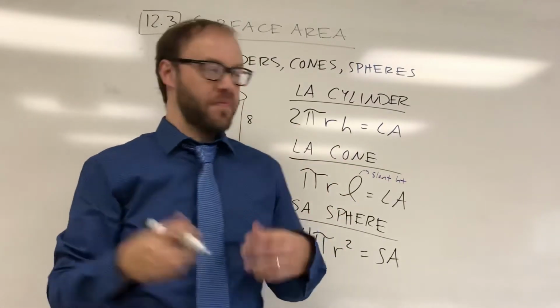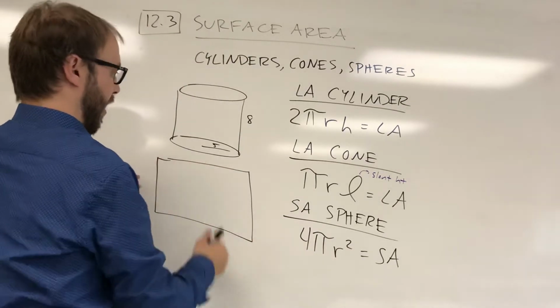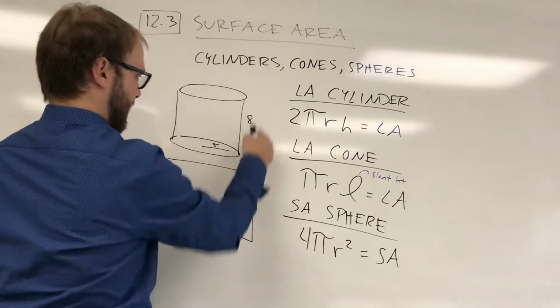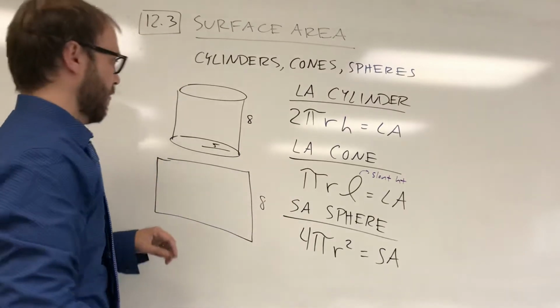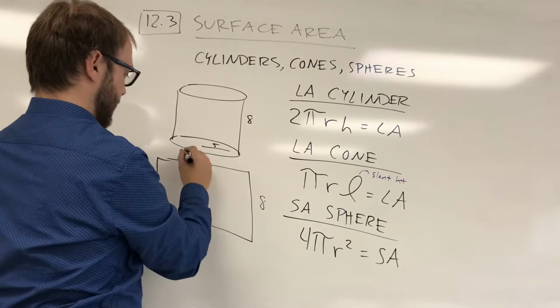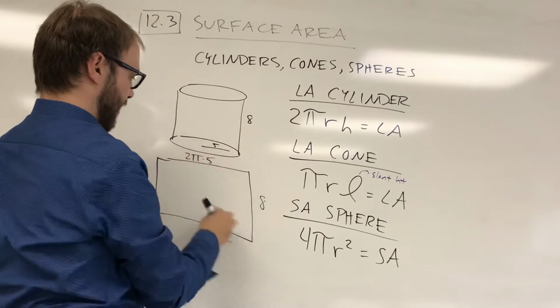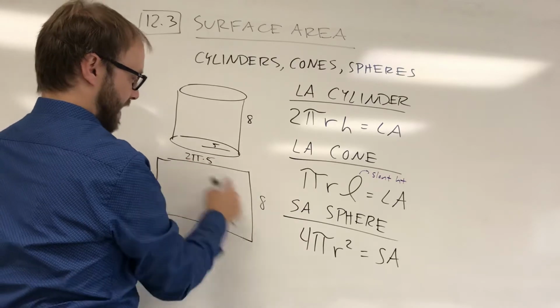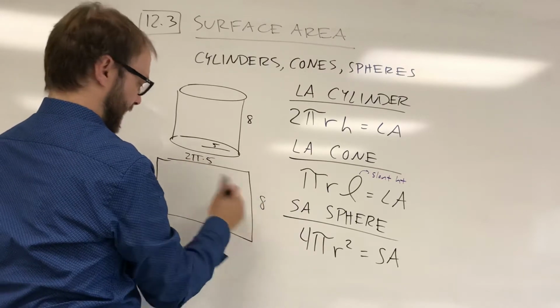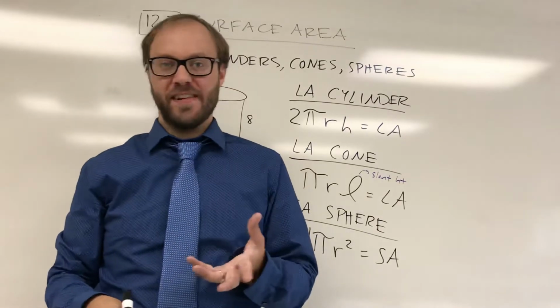If you're not somebody who remembers formulas well, you can think about peeling the label off the can. The height of the can is going to be the height of the label. This label has to wrap all the way around the can. So you'd be taking 2 pi times the radius of 5. That would give you 10 pi. 10 pi times 8 would be 80 pi. That would be the lateral area of that cylinder, okay?